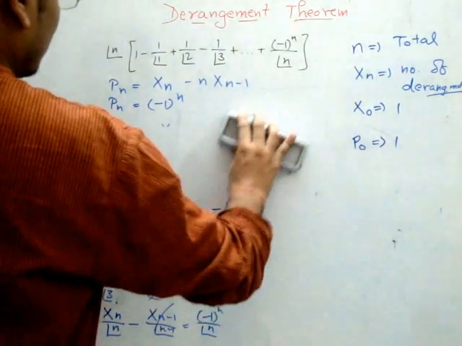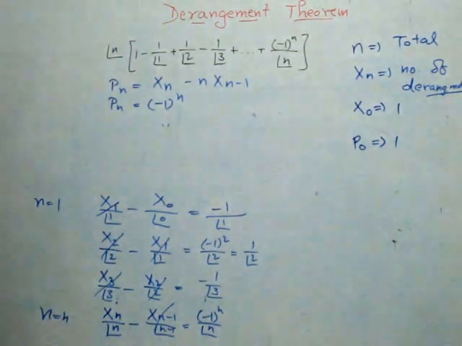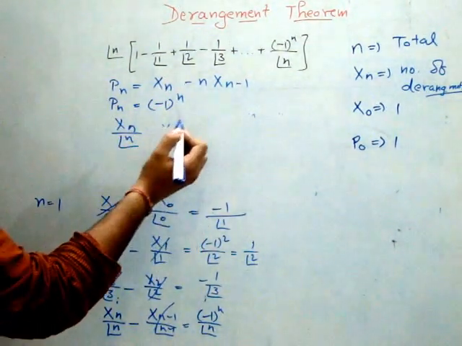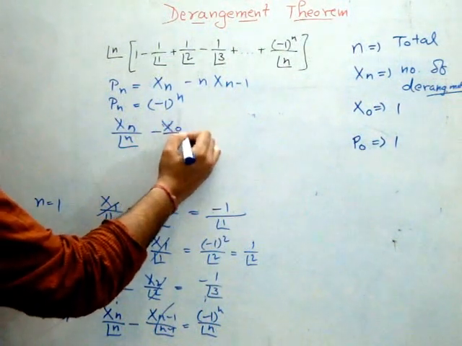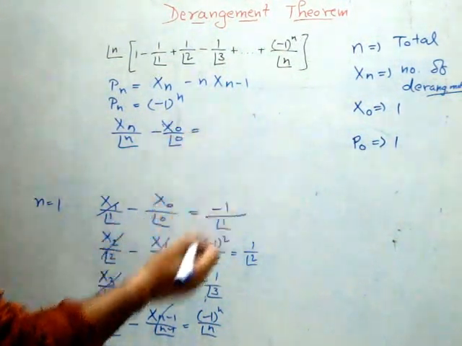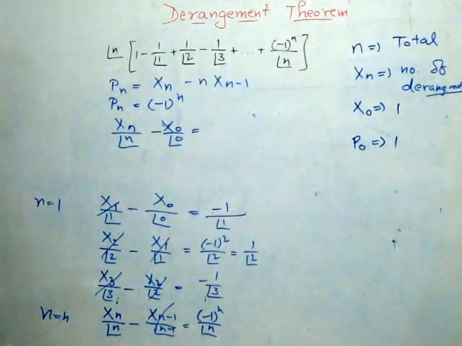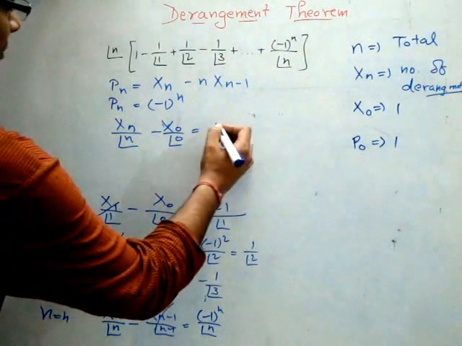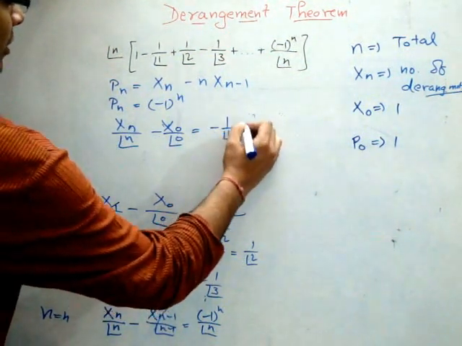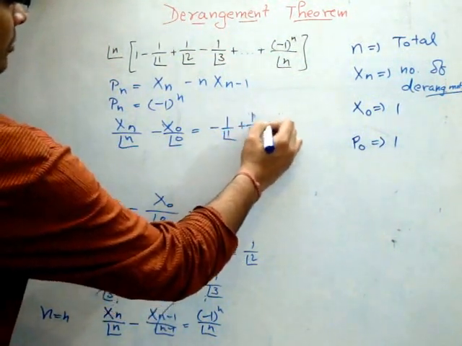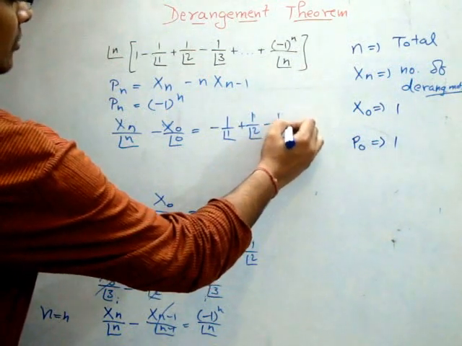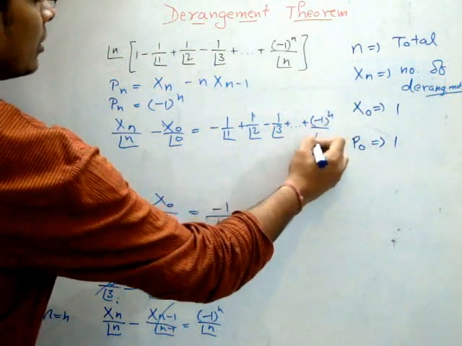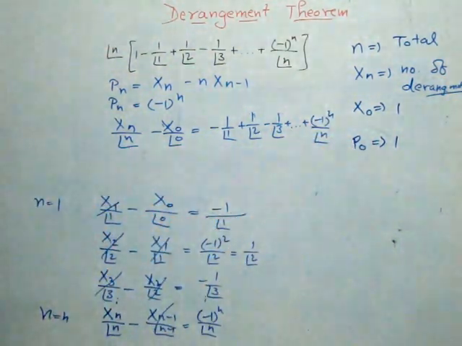We finally will be just left with xn upon factorial n minus x0 upon factorial 0 equals minus 1 upon factorial 1 plus 1 upon factorial 2 minus 1 upon factorial 3 plus, up till plus minus 1 to the power n upon factorial n.